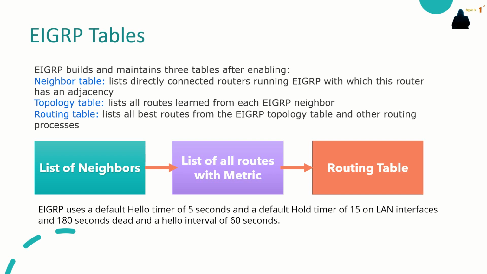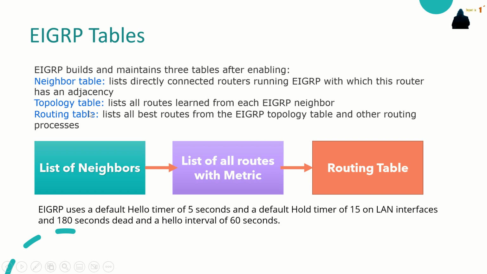But we should also know something about EIGRP tables. After you enable EIGRP, EIGRP builds and maintains three tables. The neighbor table lists directly connected routers running EIGRP with which this router has an adjacency or neighborhood.